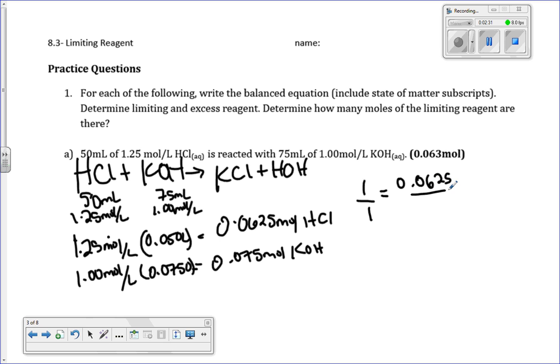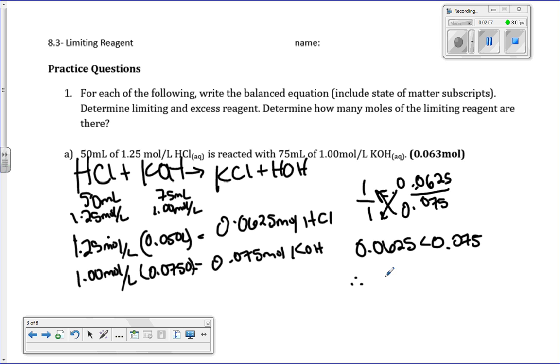Looking at the calculated values, 0.0625 over 0.075. Looking at the rate of consumption for the reagents, we see that 0.0625 is less than 0.075.